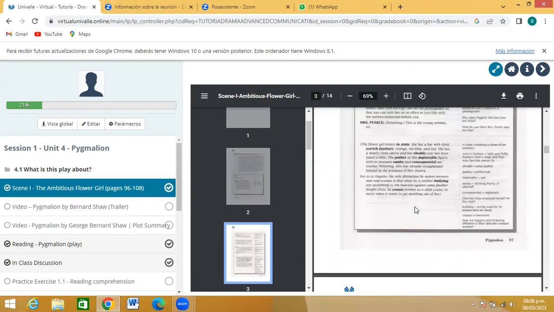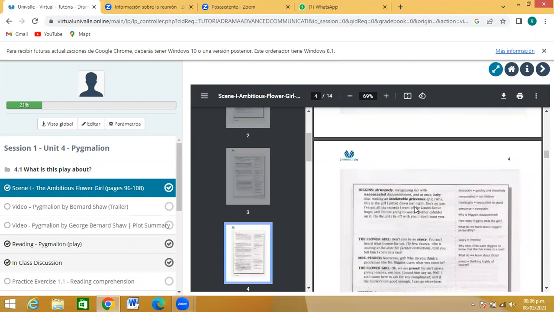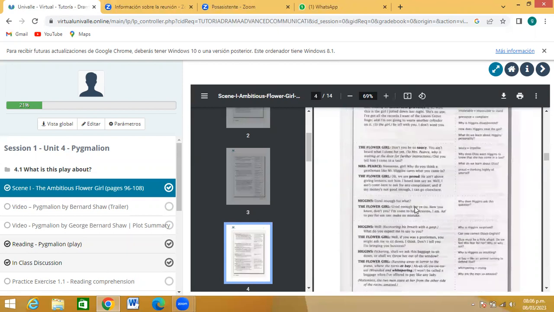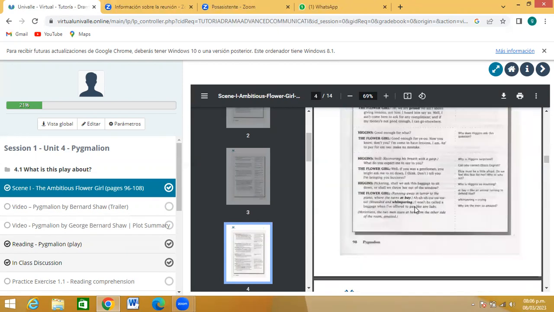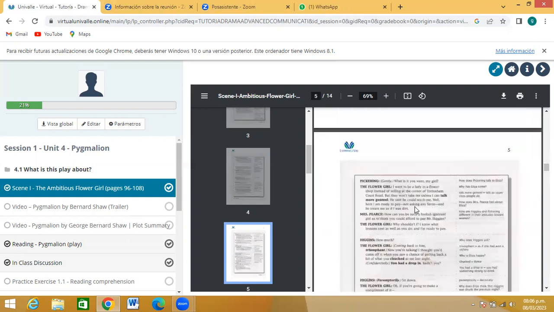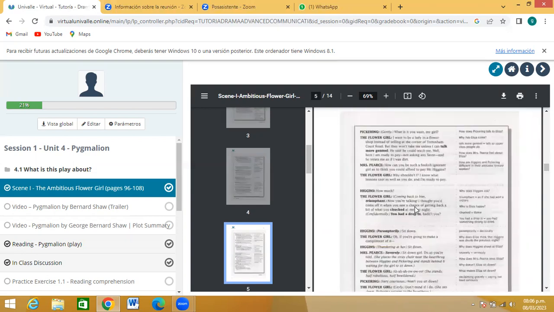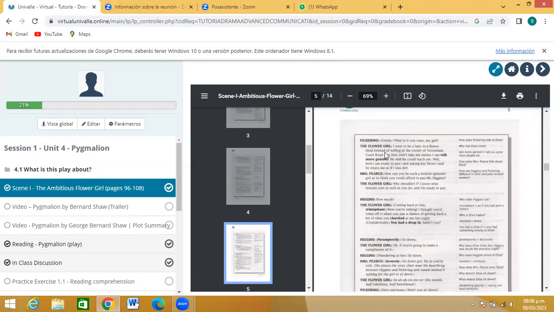We're going to read just, let me see what it is. It's because of the time, because we only have 20 minutes. Okay, we're going to read from this. The flower girl, please. Okay, let me look that up. What page is that?